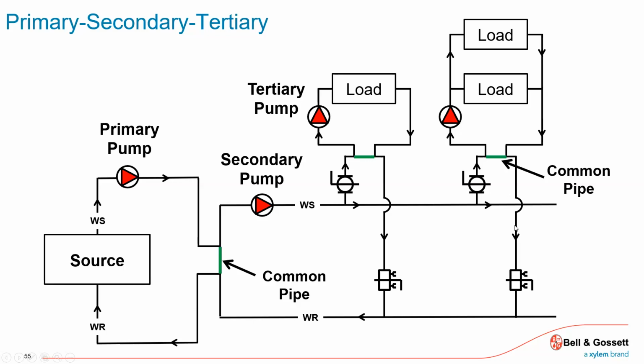And then I have my tertiary or my load pumps that are in the individual apartment buildings or dorms or classrooms or whatever it is, wings of a hospital. So I have primary, secondary, tertiary. So I have a common pipe to isolate, hydraulically decouple this pump from this pump. And then I have these common pipes to decouple this pump from these tertiary pumps.